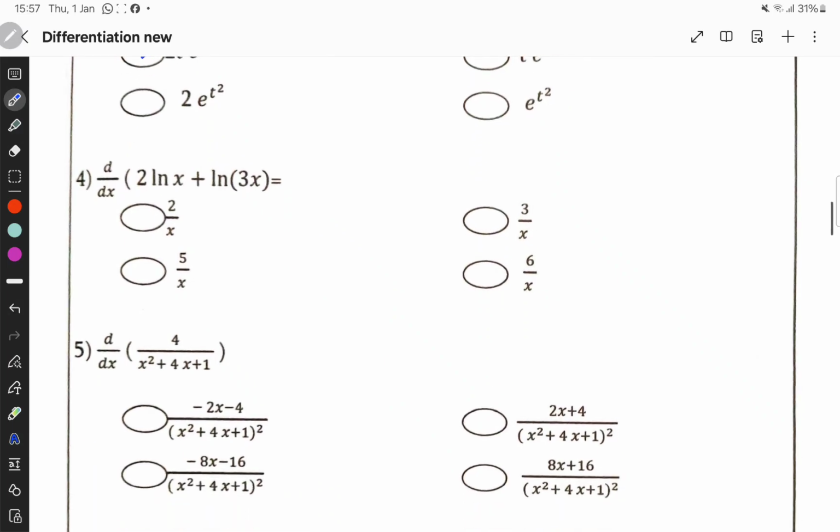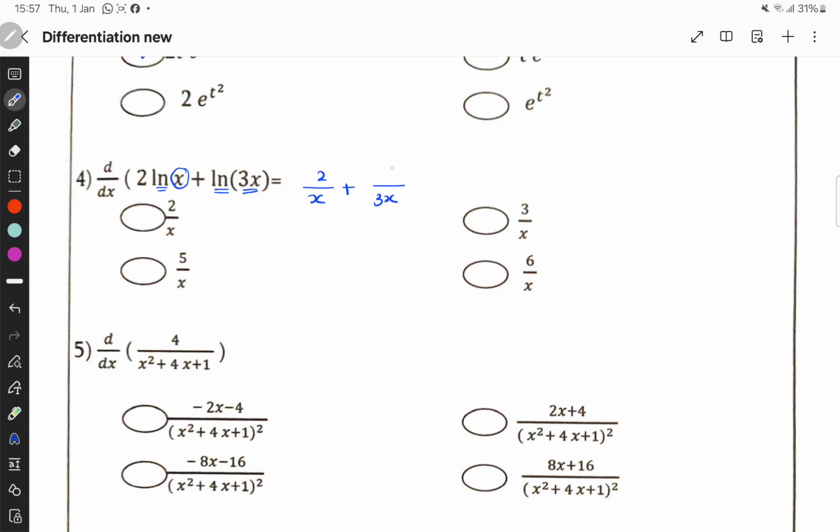In this question, I have two terms involving ln. So I will differentiate each of which. The first one, x down. The derivative of x is 1 times 2, it will be 2. Plus, the second one, 3x down.